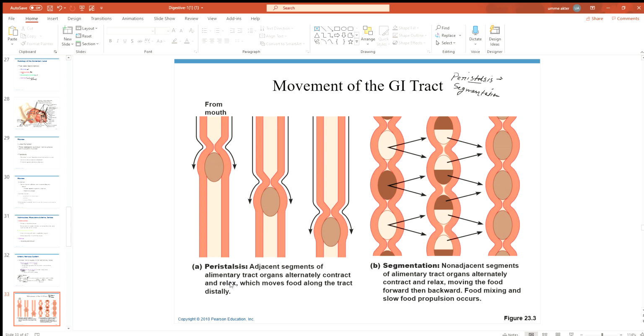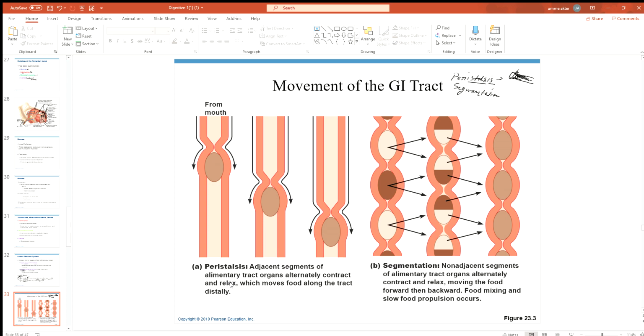So peristalsis, the best way to explain is if you take a tube, like a rubber tube, and put a ring inside it, and then push the ring from outside by pressing the wall of the tube. If the wall is very slippery, like your GI tract, the ring will move like this, right? So you push again and again to move it a little bit in each step. So that goes like one after another, wave-like movement.